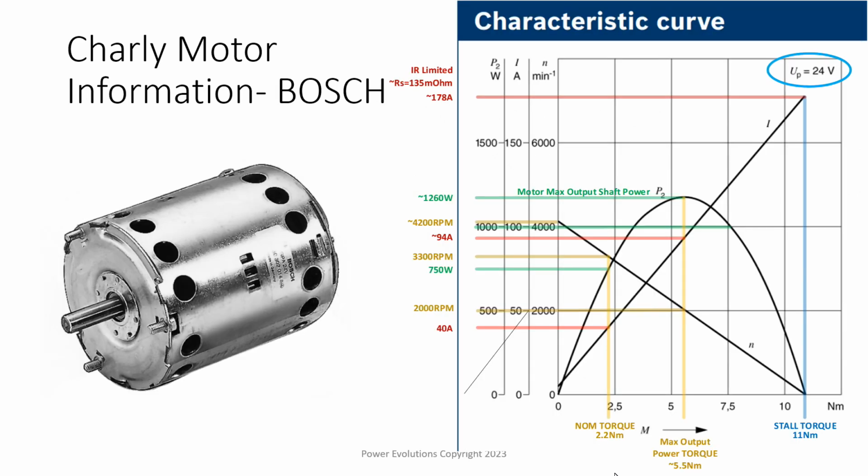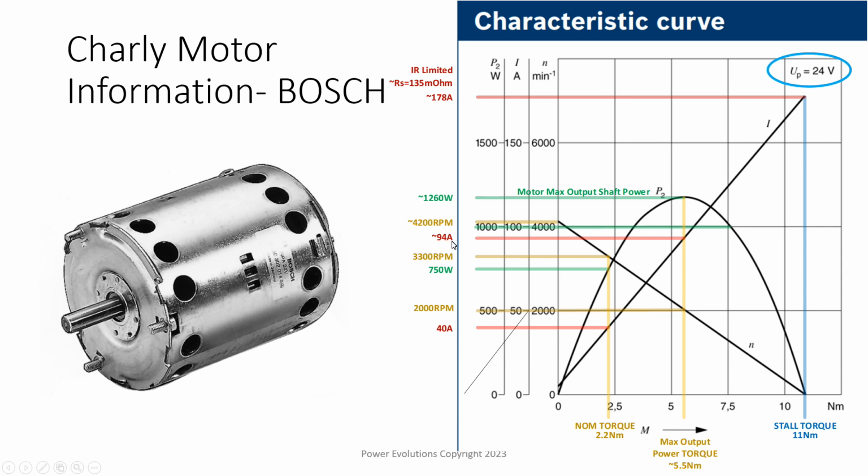The other thing that was on the data sheet is the motor characteristic curves. From this, you can find out all the critical information you need for setting the limits. When I look at the max shaft power, they're listing it at roughly 1200 watts, and the current level for that 1200 watts is about 94 amps.